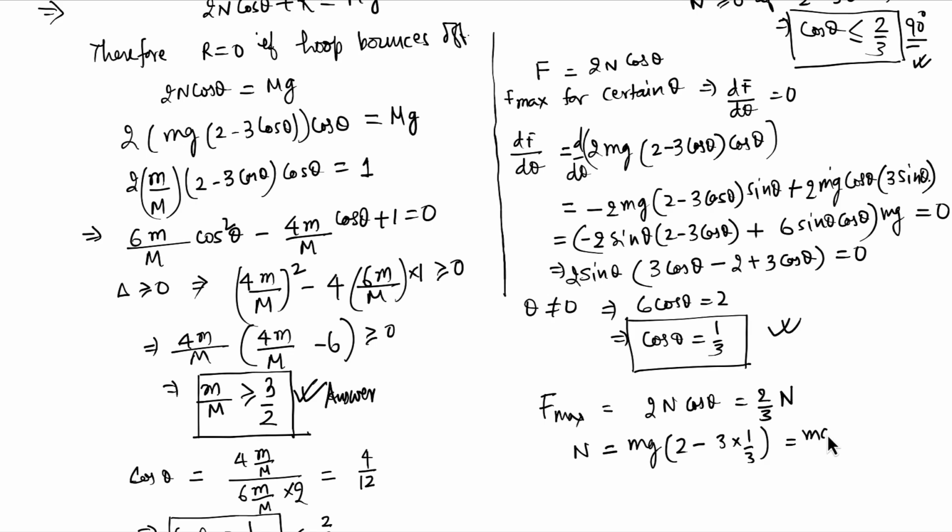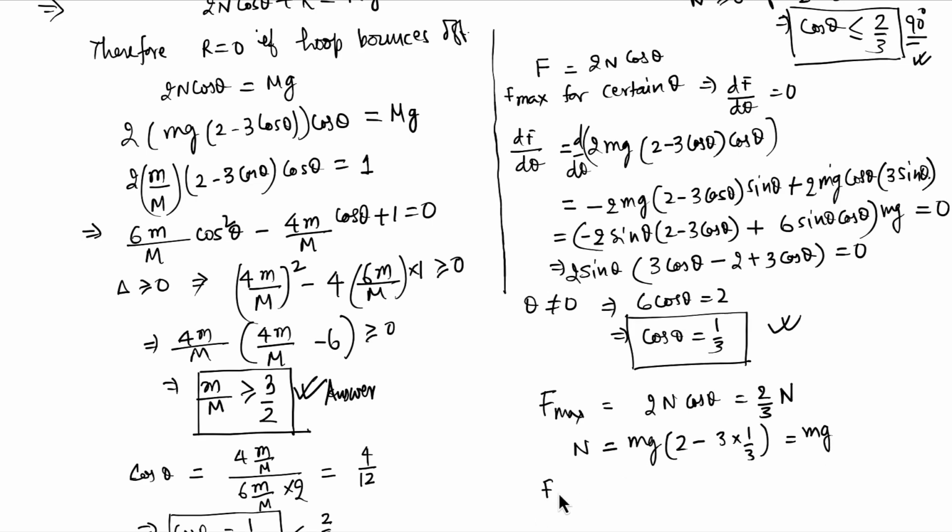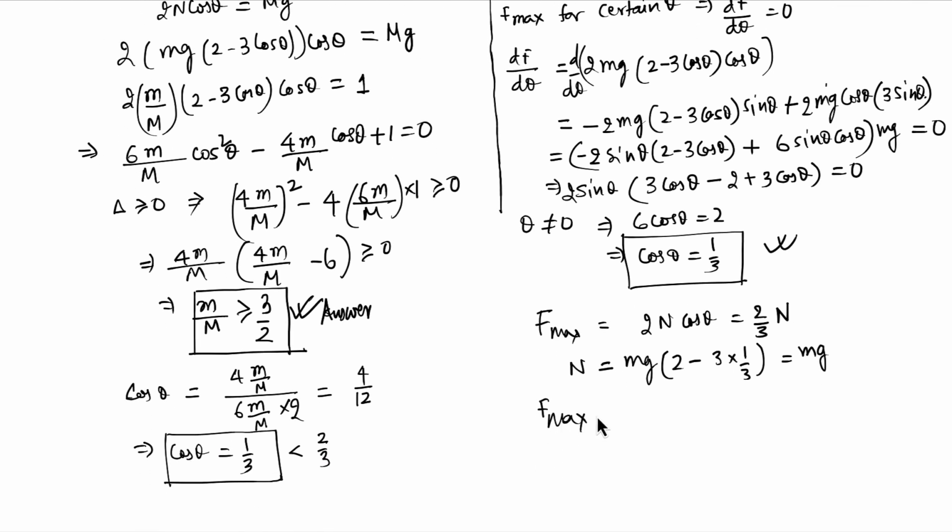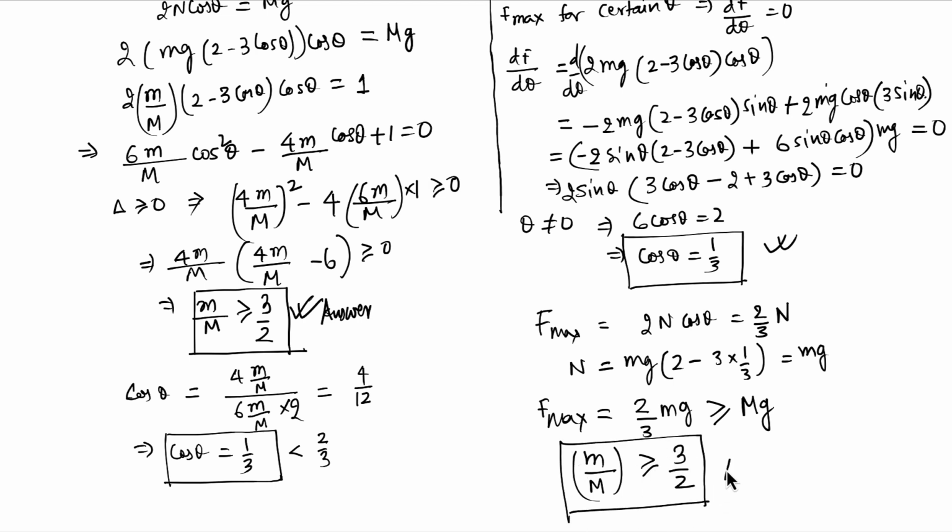That is mg. So F max is 2 by 3 mg. And this must be greater than or equal to the weight of the hoop that it needs to lift. And therefore, m/M should be greater than or equal to 3 by 2. This is also the answer. Same answer as this.